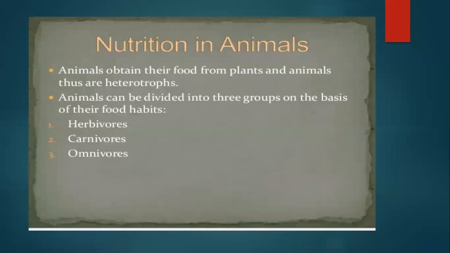Based on their intake of food, animals are divided into three categories: herbivores, carnivores, and omnivores.